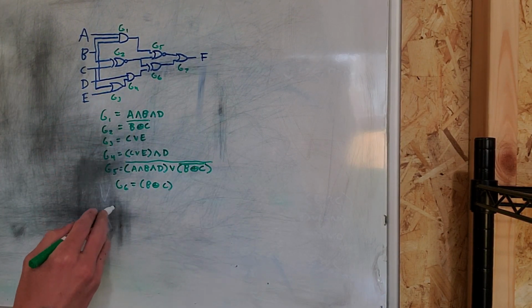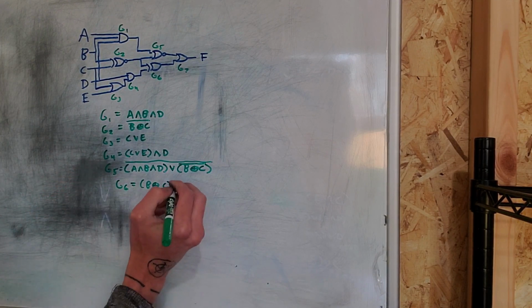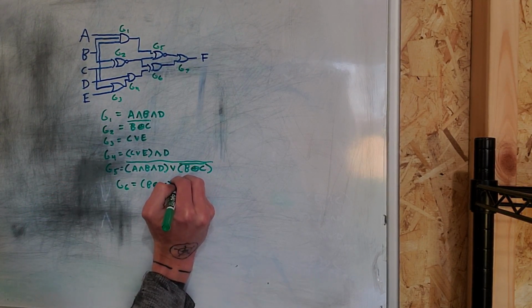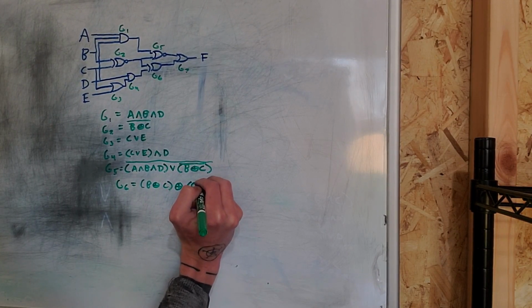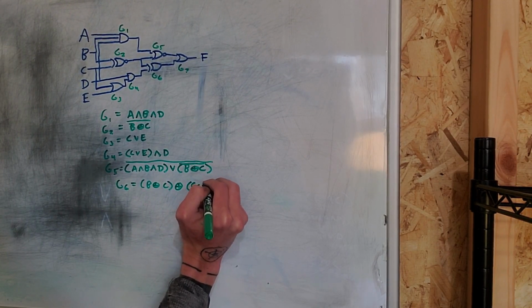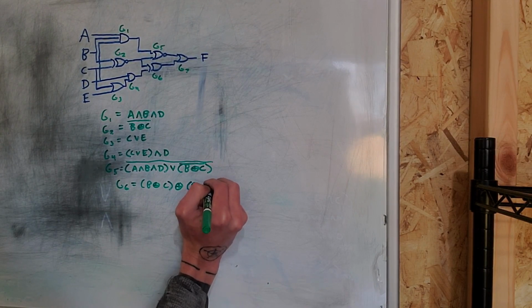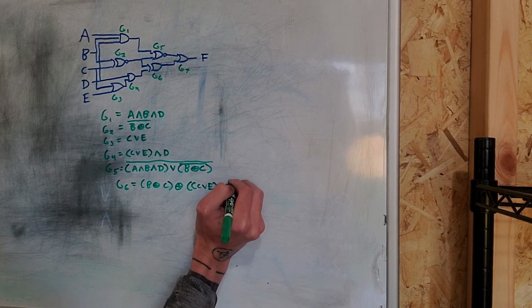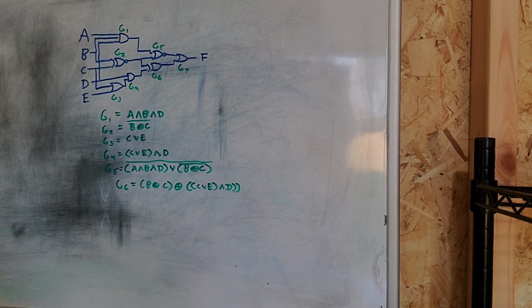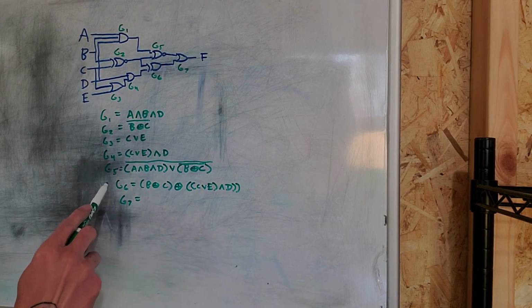So G4 is C or E and D. And then we finally have G7, comparing these two, G5 and G6, with an OR operation.